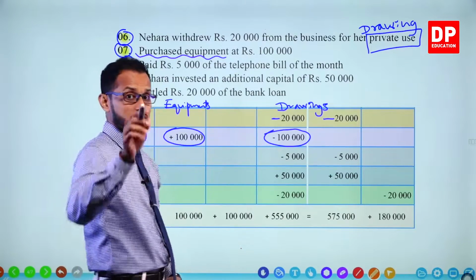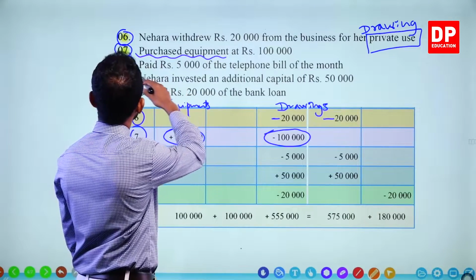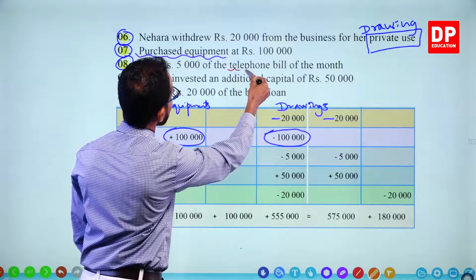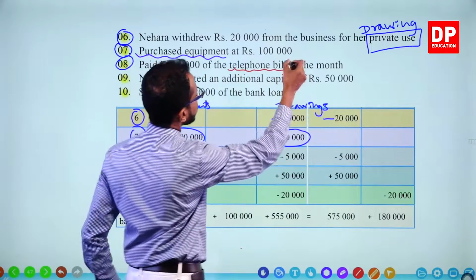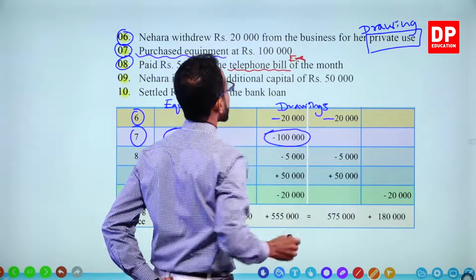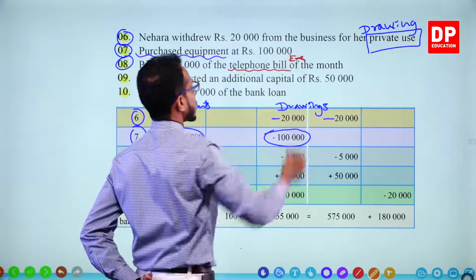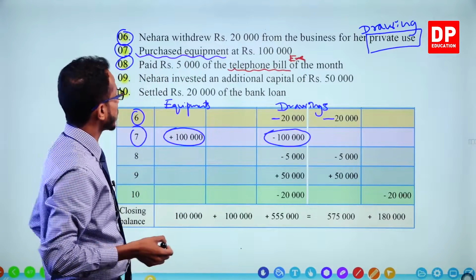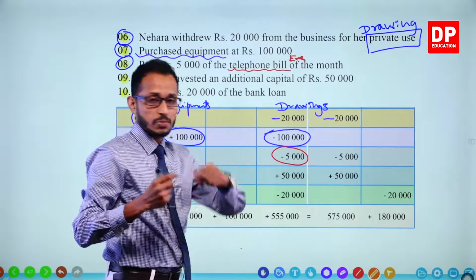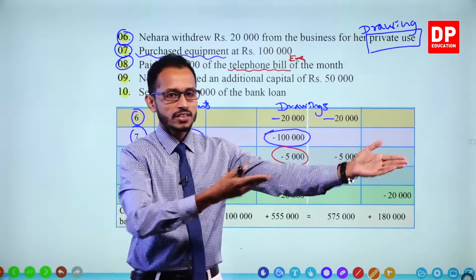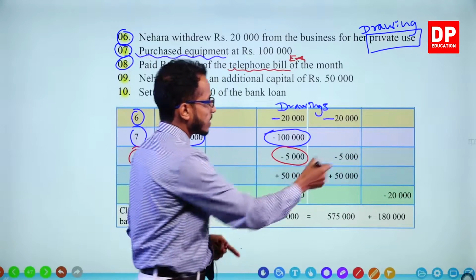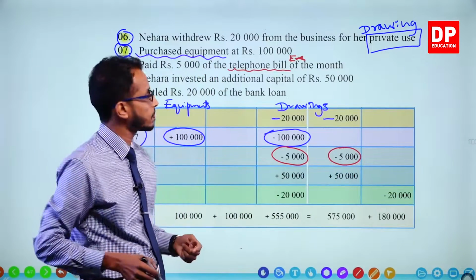Again, expenses, children, decrease capital. Okay, so paid rupees 5,000 of the telephone bill, it is an expense. Expenses decrease capital. That's why in the 8th transaction, cash going out 5,000, because we paid out a telephone bill of 5,000, cash went out of the business, so cash decreased. At the same time, expenses decrease capital.